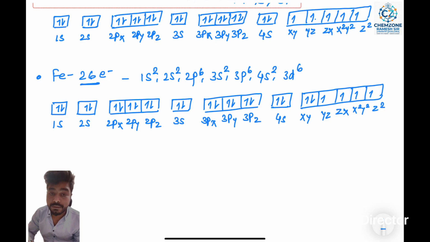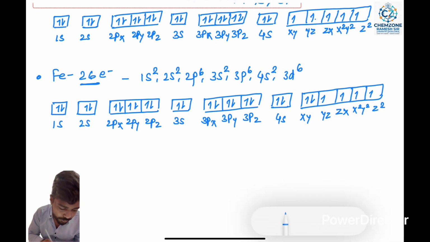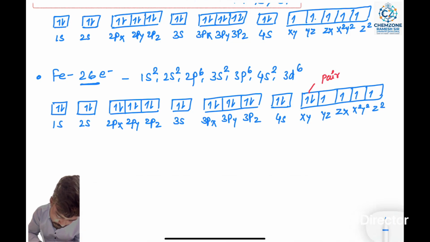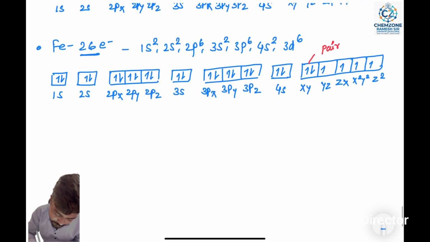So that is the pair form, and that is the formation of the pair. Then next one is your cobalt, Co. Okay, atomic number is 27, 27 electrons.